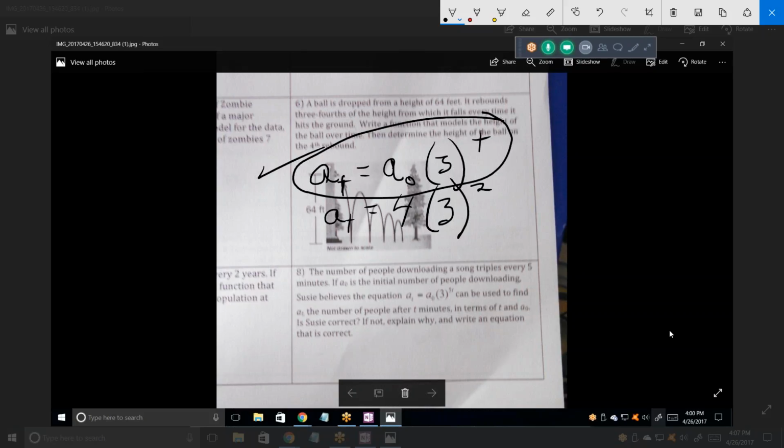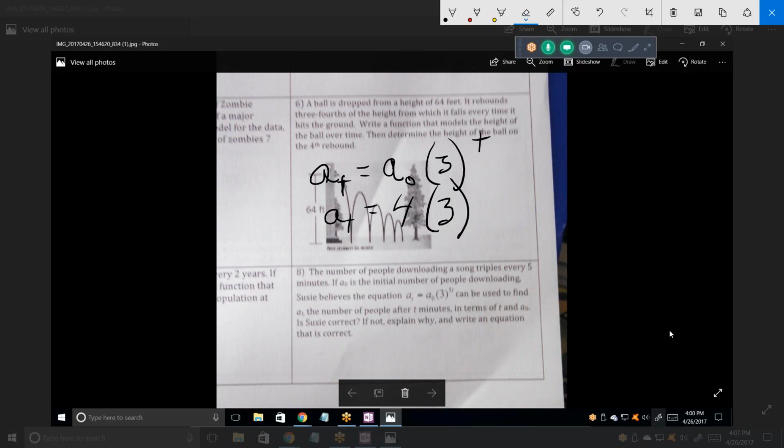Well, hold on a second. Every 5 minutes. A is the initial number of people. This is a little tricky. That's not right either. It is saying A of t, the number of people after t minutes.